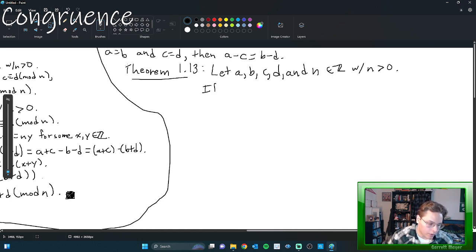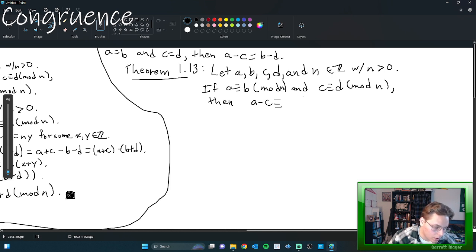And then if a is congruent to b mod n and c is congruent to d mod n, then a minus c is congruent to b minus d mod n.